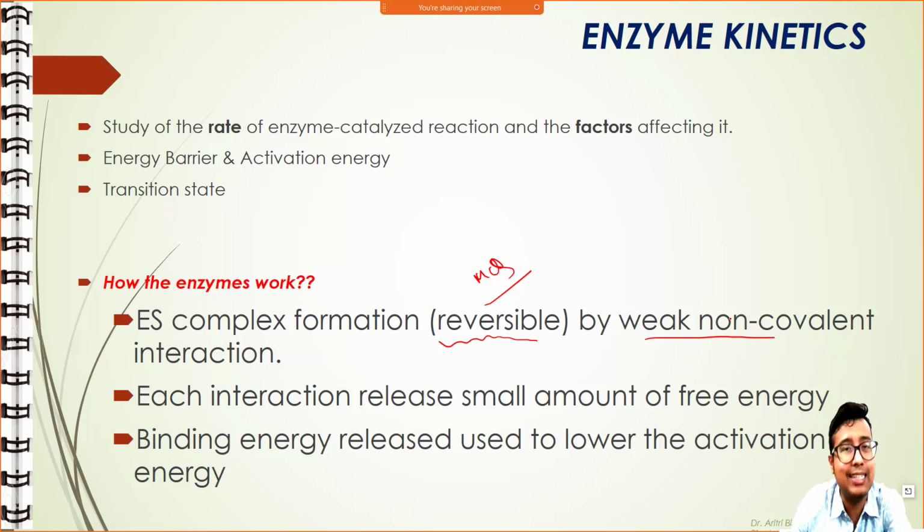So when they interact with each other, they release a small amount of energy, and thus after the energy is released, the binding energy is lowered, and this is used to lower the activation energy. Basically, normally compound A cannot be converted to compound B because it needs a very high activation energy.